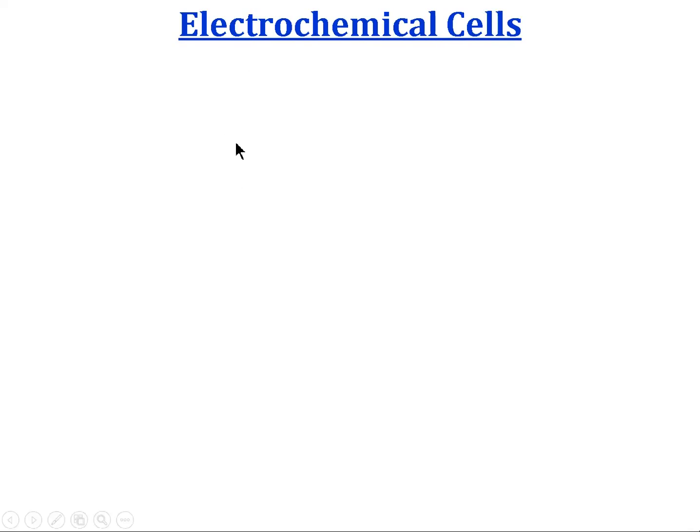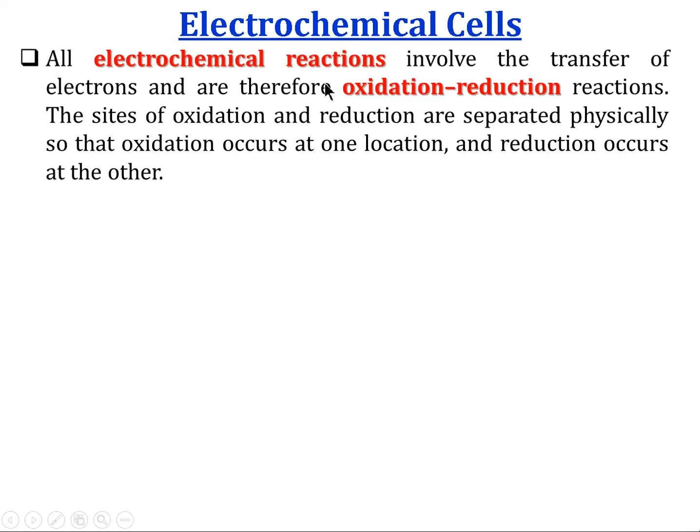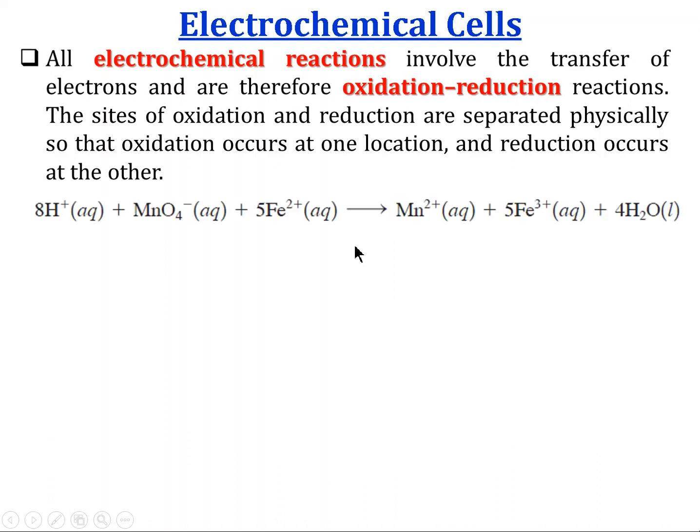In the electrochemical cell, we have an electrochemical reaction that involves the transfer of electrons, and therefore this is an oxidation reduction reaction. Consider the following reaction: MnO4 minus with Fe2 plus to produce Mn2 plus and Fe3 plus. The two redox couples involved are MnO4 minus/Mn2 plus and Fe3 plus/Fe2 plus.